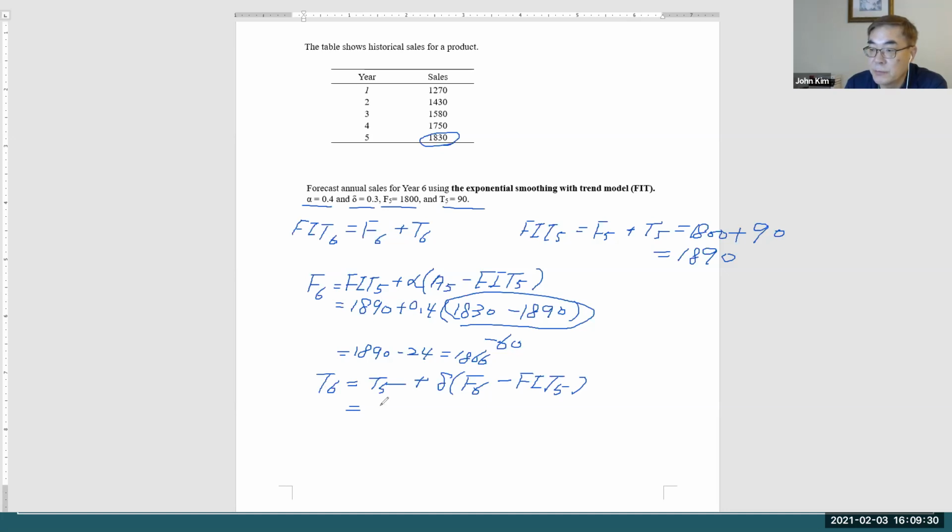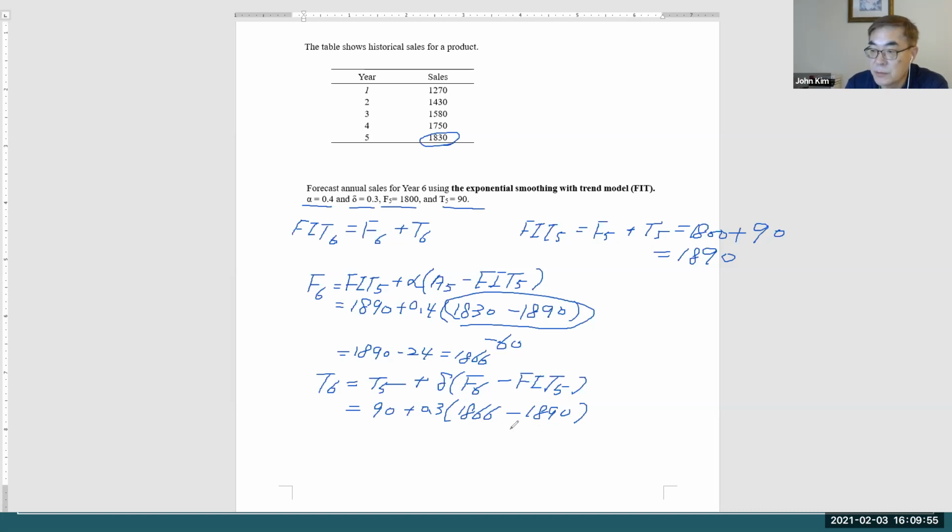T5 is 90 plus delta is 0.3. F6 we got here, 1866, minus FIT5, 1890.